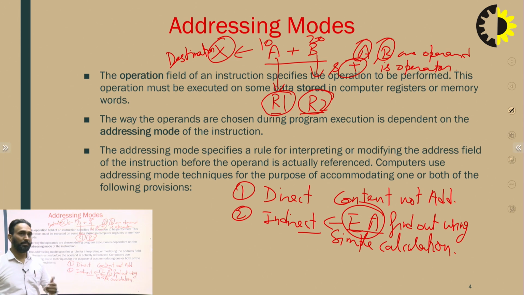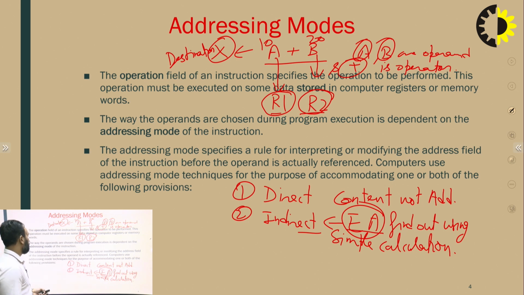I use some interface or intermediary to convey my information. That is the basic difference between direct and indirect addressing mode. The values of R1 and R2 are stored in different registers, and the methods used are generally direct or indirect, which are further classified into different types.